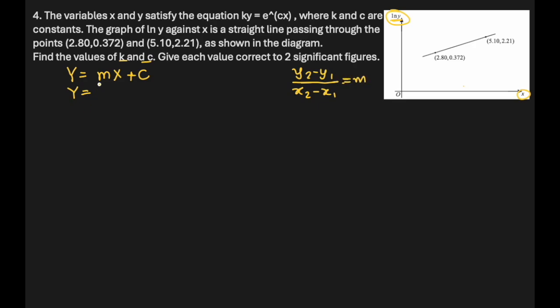And that's what I'm going to do here. In place of m, I will write 2.21 minus 0.372 over x2, which is 5.1, minus 2.8, which comes out to be 0.799 some digits, so we will round it off to 0.8.